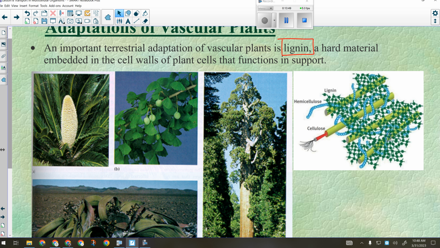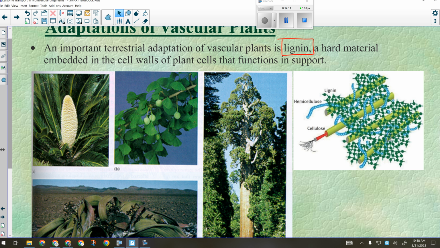It's basically just cement. It goes in the holes in the bricks. So in a cinder block, there's a hole here and a hole here. Those holes match up with the holes on the other blocks. You pour cement down the holes, and this becomes one big giant brick, as opposed to a whole bunch of individual bricks. Well, lignin works the same way for the cells of a plant in its stem.